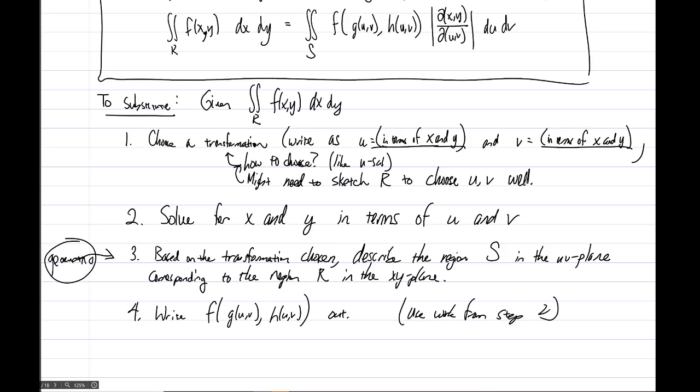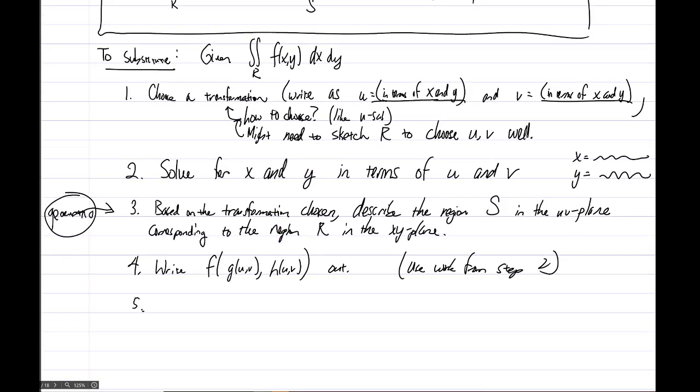So at the end of step 2, the result is you've got x is equal to something that involves u and v, and you've got y is equal to something that involves u and v. So step 4 is actually not a lot of work if you've done step 2. And then step 5, also based on step 2, compute the Jacobian. So compute the partial derivative of both x and y with respect to both u and v.